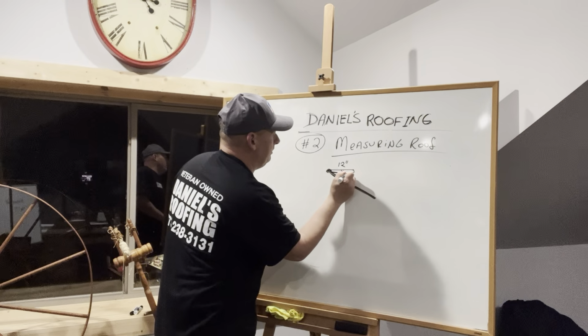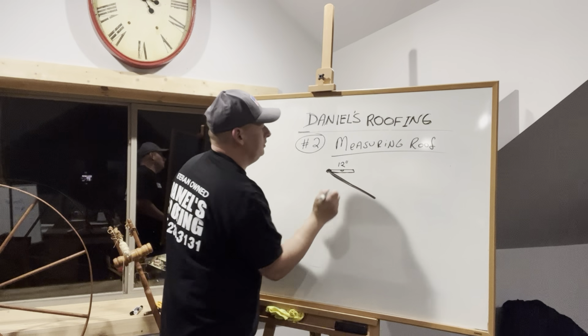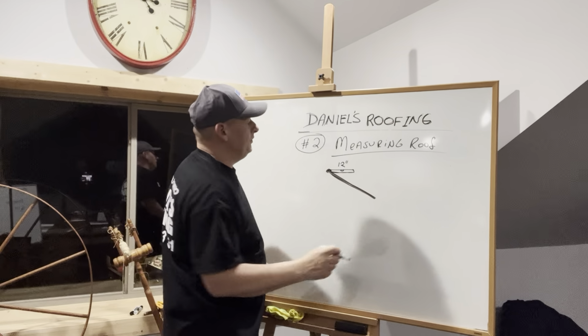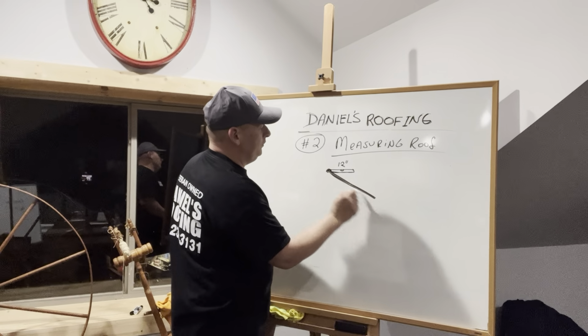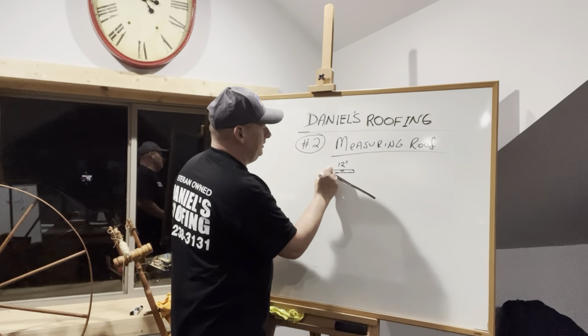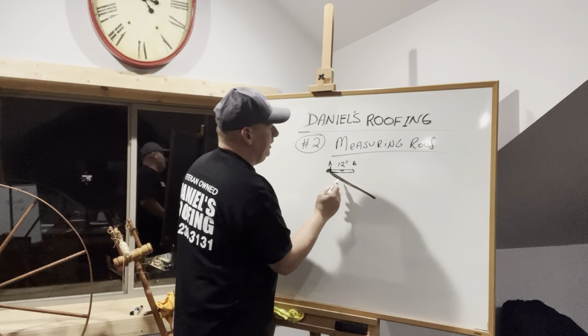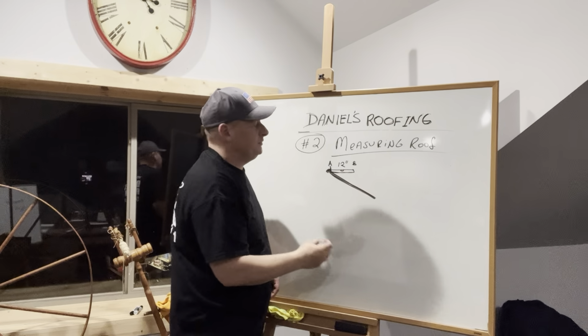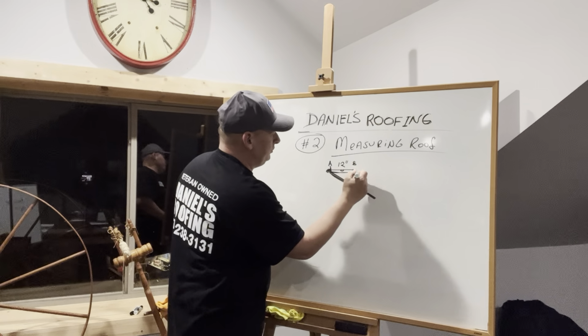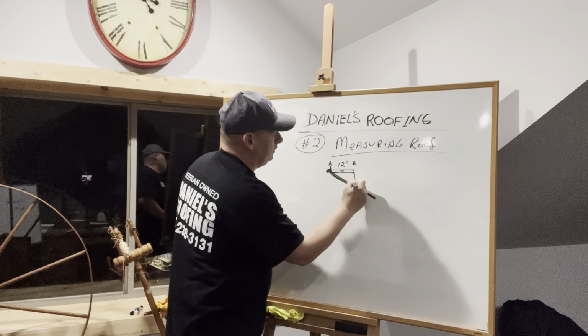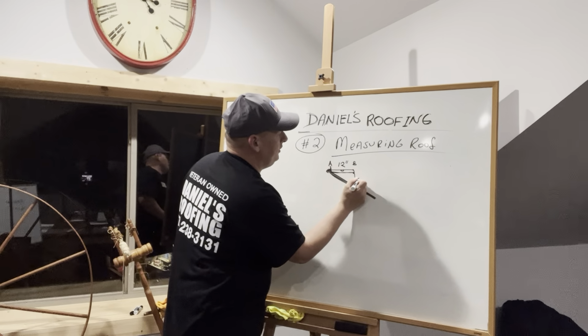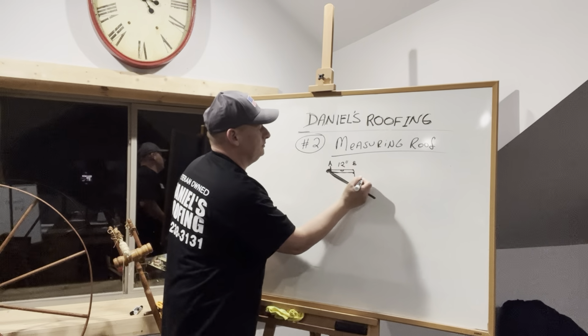So here's a little bubble, and it's level. So if you take a level on the roof, anywhere on that slope, and you start at point A, and you go to point B, and you've got 12 inches here, and then you measure with another tape measure here, and let's say you have 4 inches here.